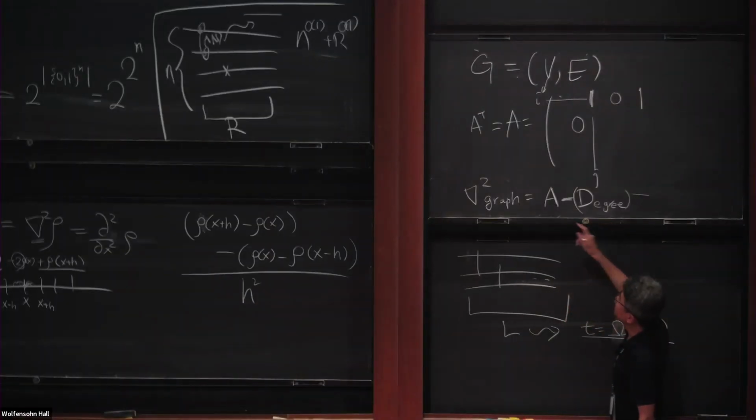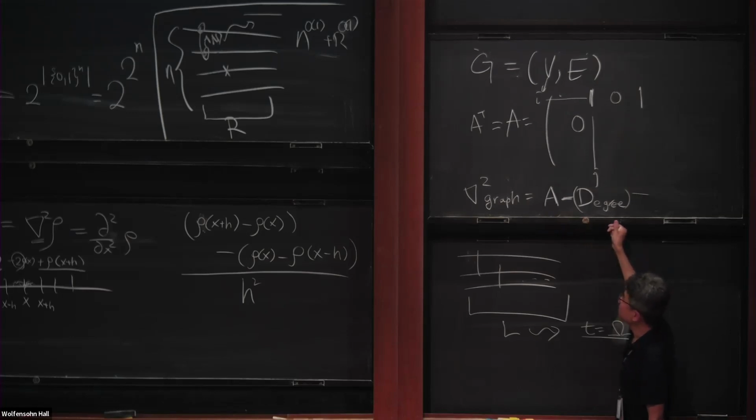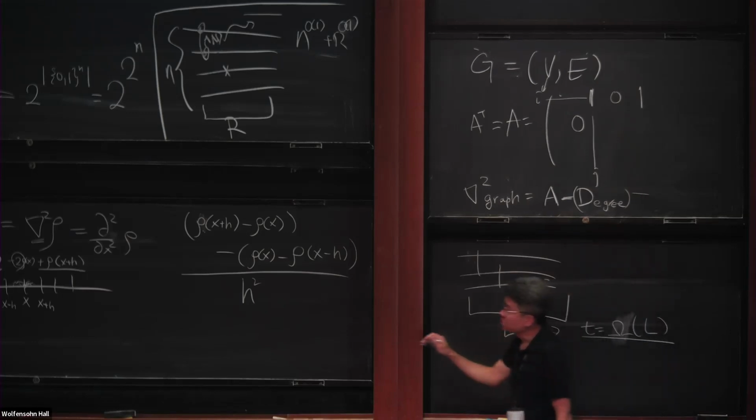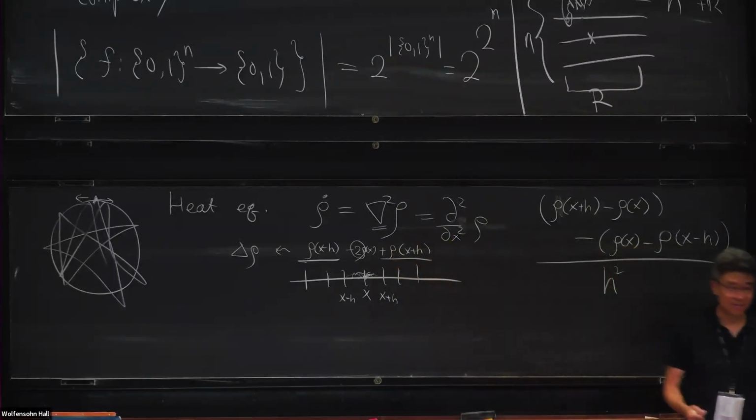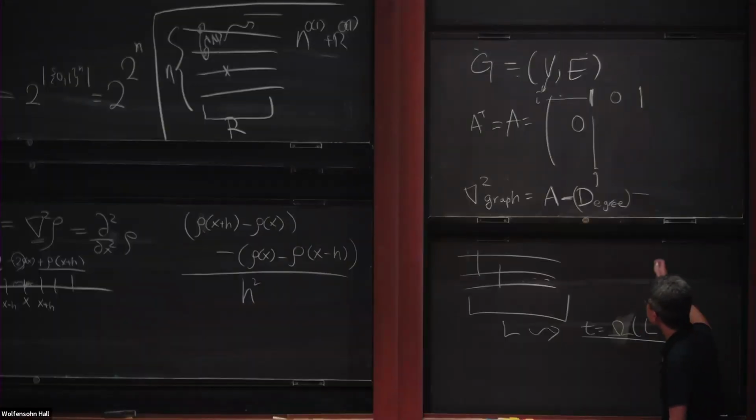And once I write it in this form, then what do I do? When you see a linear equation, the first thing you should do is to diagonalize it and look at the eigenvectors. For simplicity, let's assume my graph is constant degree. So degree is a diagonal matrix with all the same entries everywhere. And then there is an obvious vector in the kernel, the all-one vector.